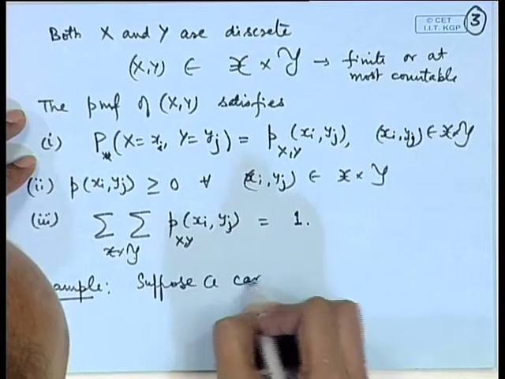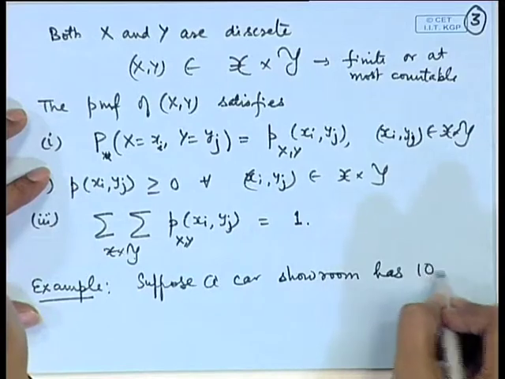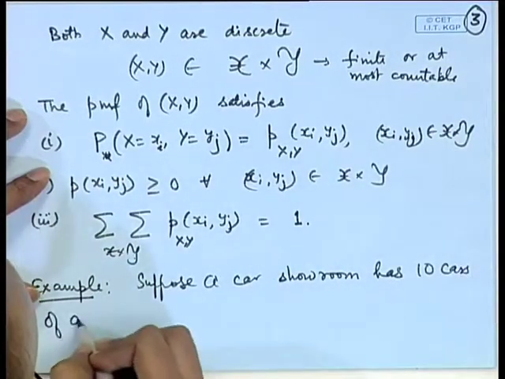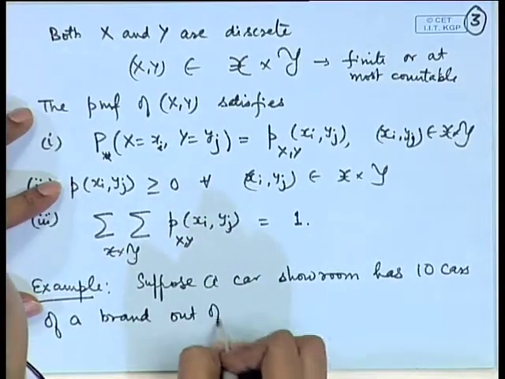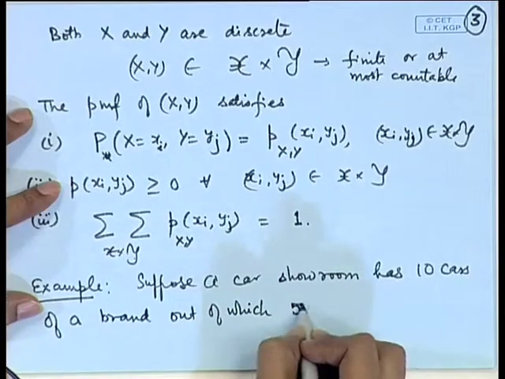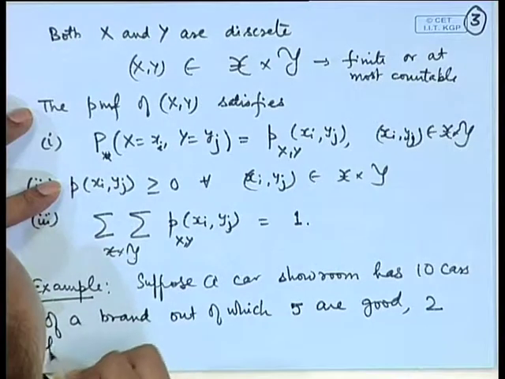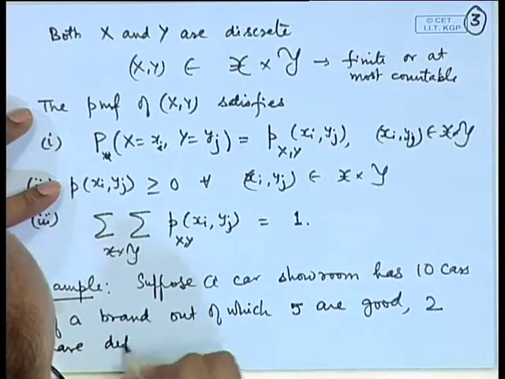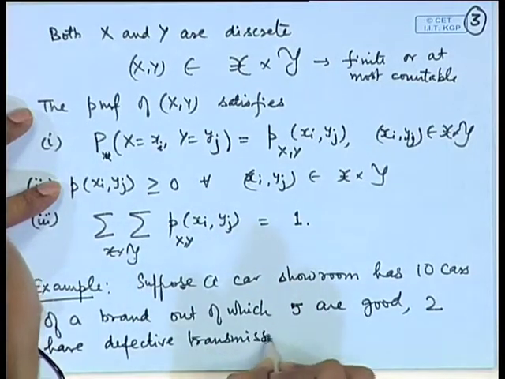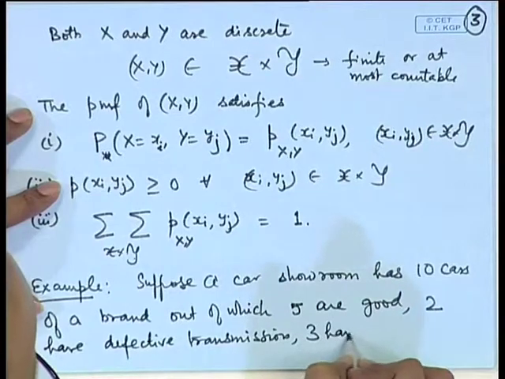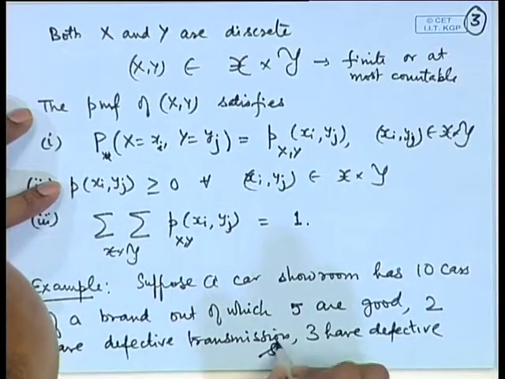Suppose a car showroom has 10 cars of a brand, out of which 5 are good, 2 have defective transmission, and 3 have defective steering.